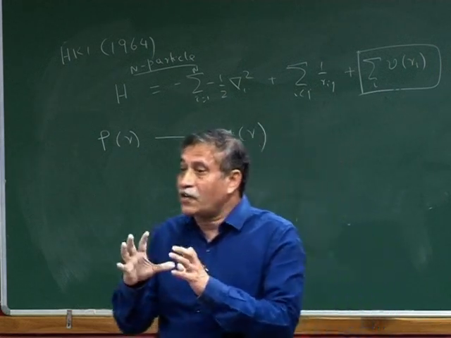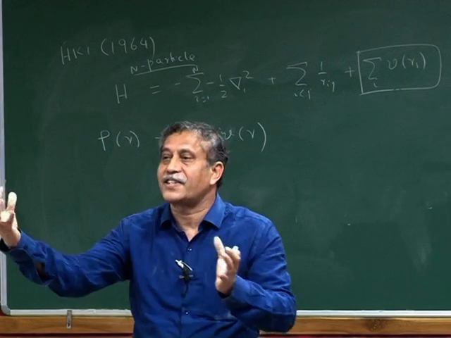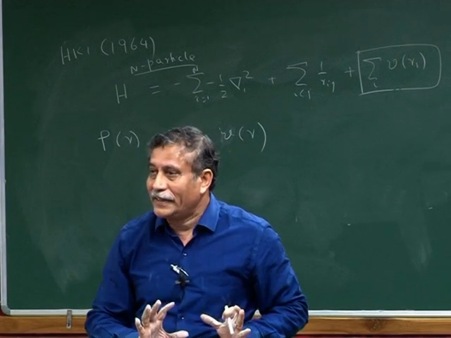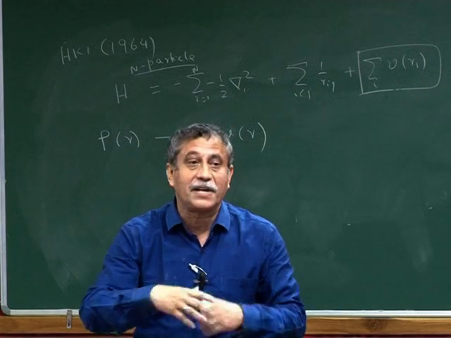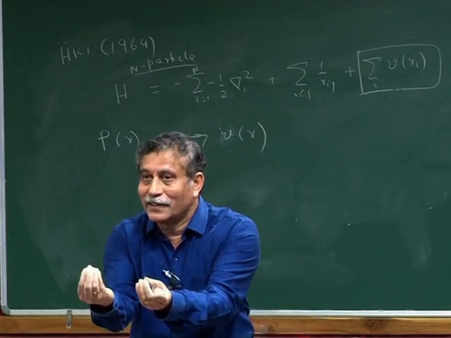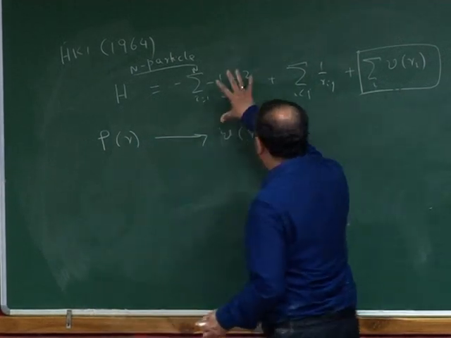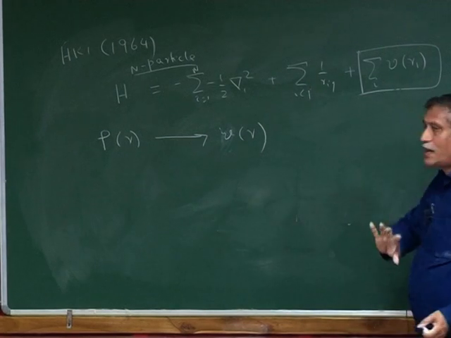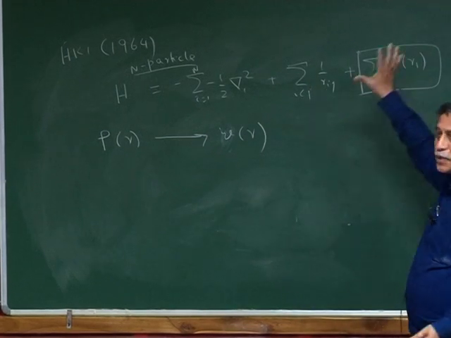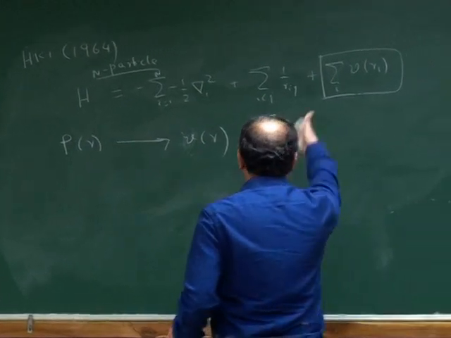So he looked at the electronic system in the following manner. Forget about nucleus. You have only n electrons and then an external potential. That external potential is of course very important. That is what is making an atom or molecule, because they are the nuclei. So he says the electronic part is just identical: kinetic and electron-electron repulsion, plus external potential, which I can write simply as capital V. Doesn't matter how I write.